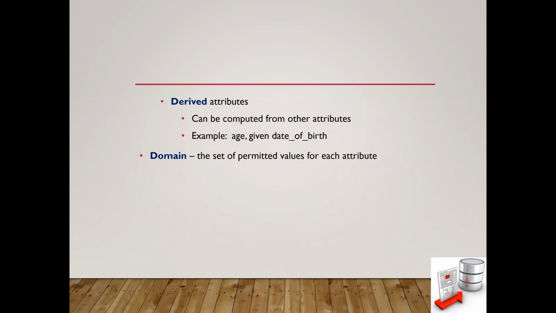Derived. From the name itself, you can get it from another attribute. It can be computed from another attribute. Now imagine I do have student. Okay, I do have student ID, I do have student name, and I do have the date of birth.